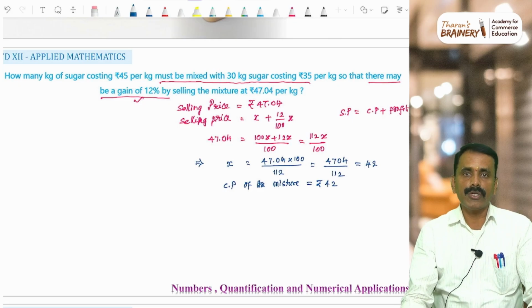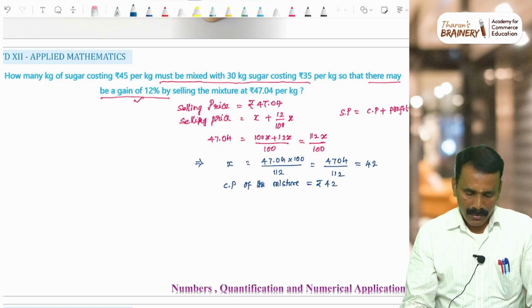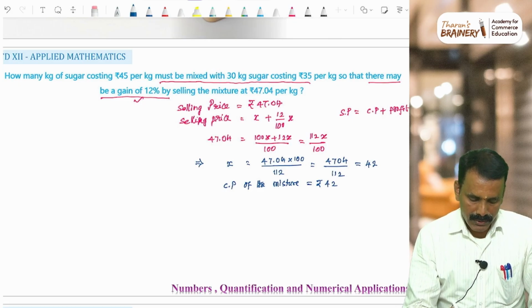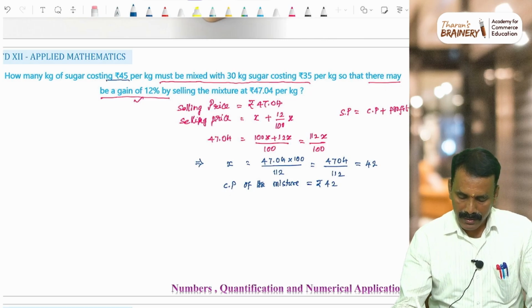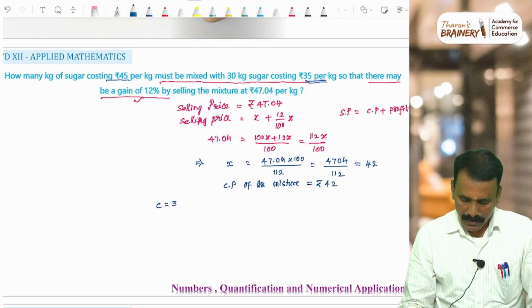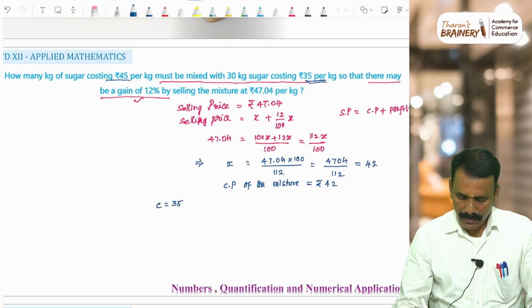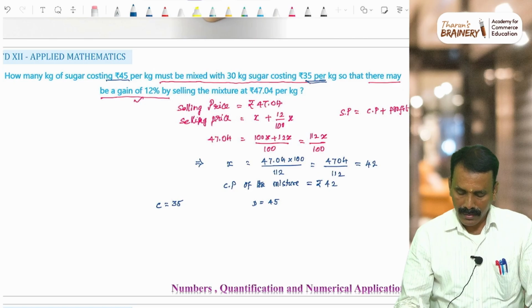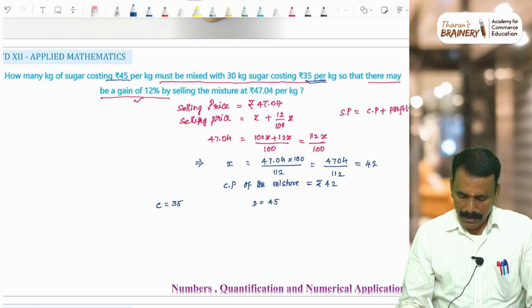Now we are going to find the ratio in which it is mixed. One type of sugar is rupees 45 per kg. The other one is 35. The cheaper one we write first, so C is equal to 35, and the little bit costlier one is D equal to 45, and the mixture price M is 42.